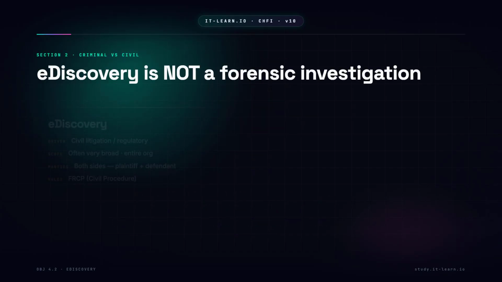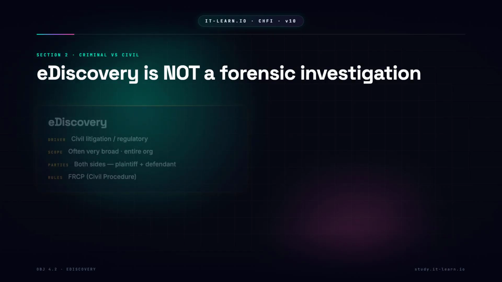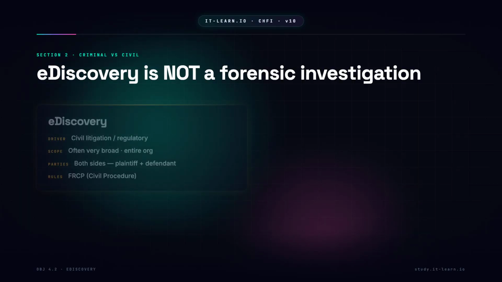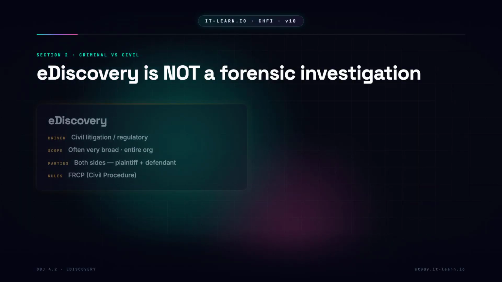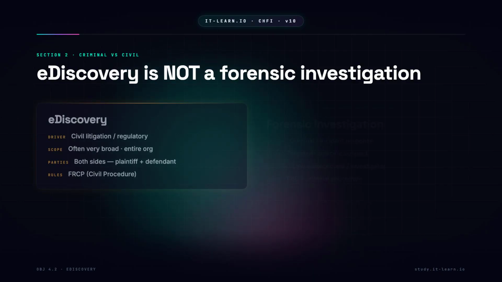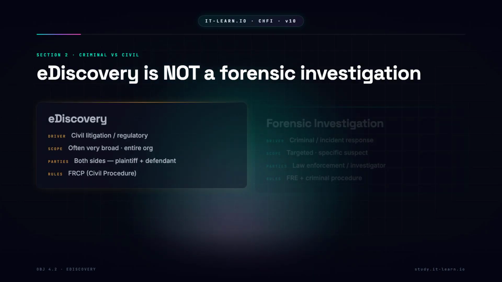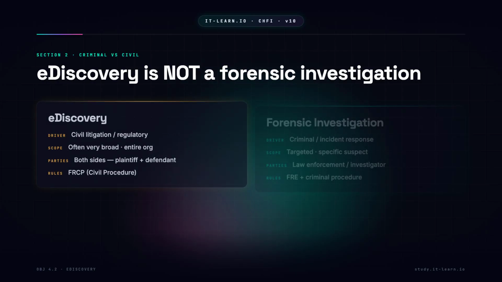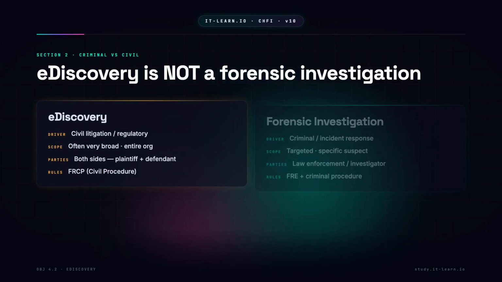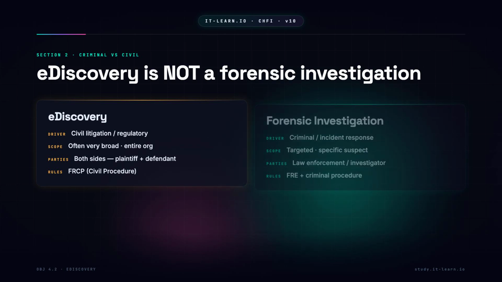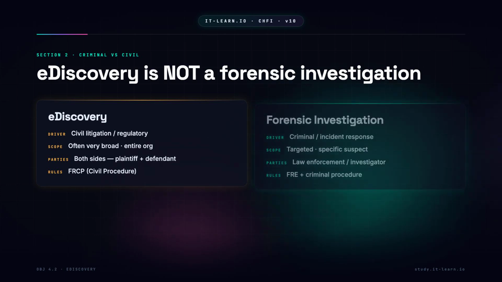eDiscovery is not a criminal investigation. Different driver, different scope, different rules. Criminal investigation: police, prosecutor, suspect. Federal Rules of Evidence, targeted. Specific systems, specific suspect. eDiscovery: civil litigation or regulatory inquiry. Both sides, plaintiff and defendant, collect and review.